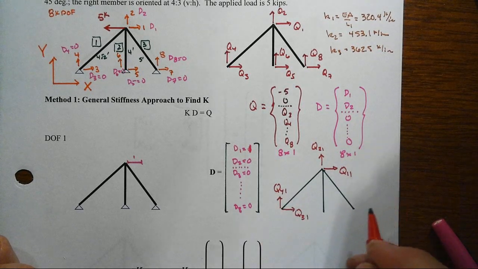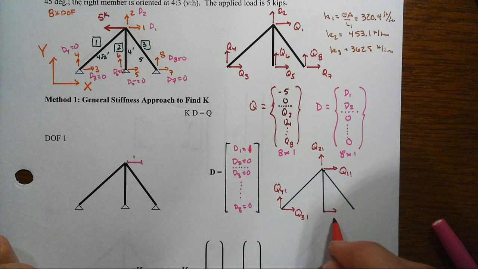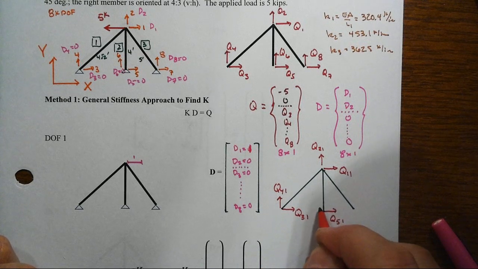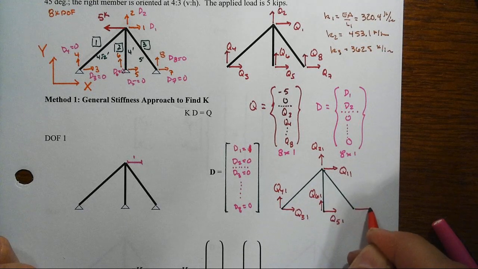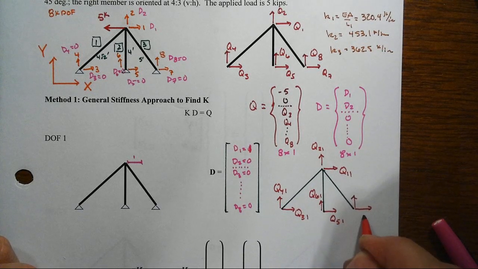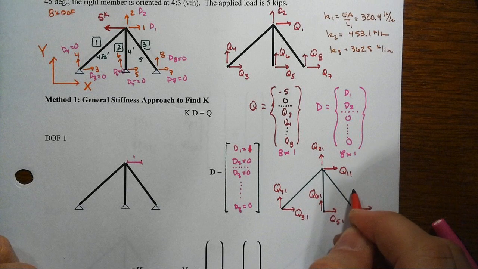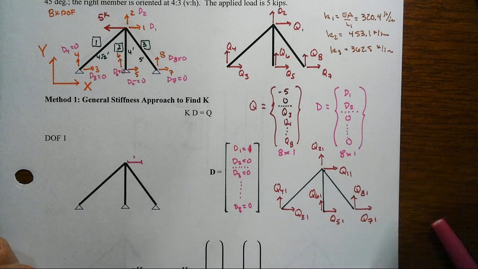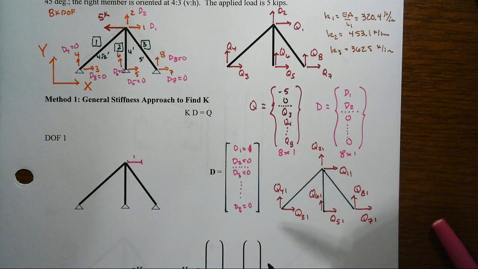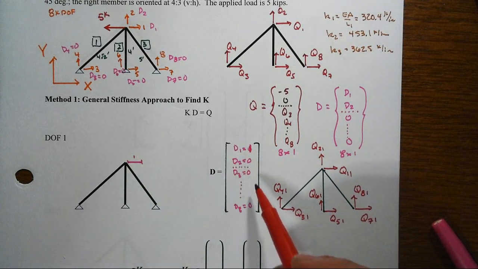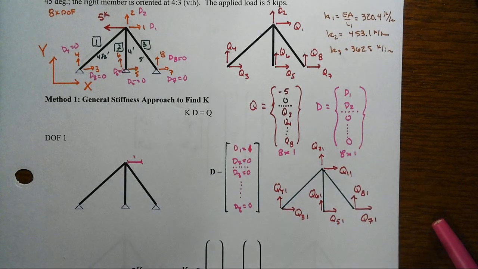They may not turn out to be that way. And 2 more to go. So we're going to go through with this imposed set, figuring out what forces are necessary to impose to create this specific displacement pattern.